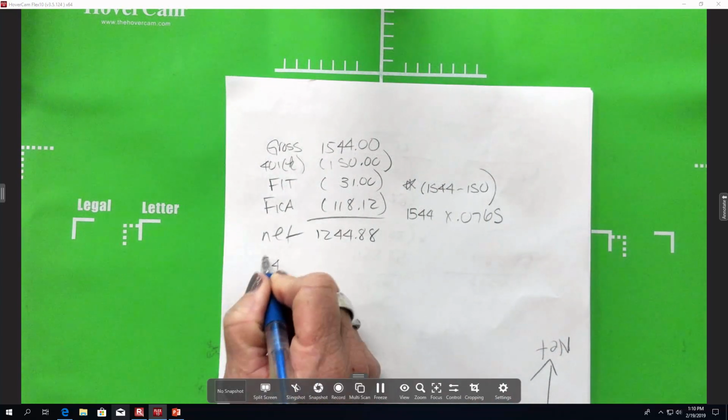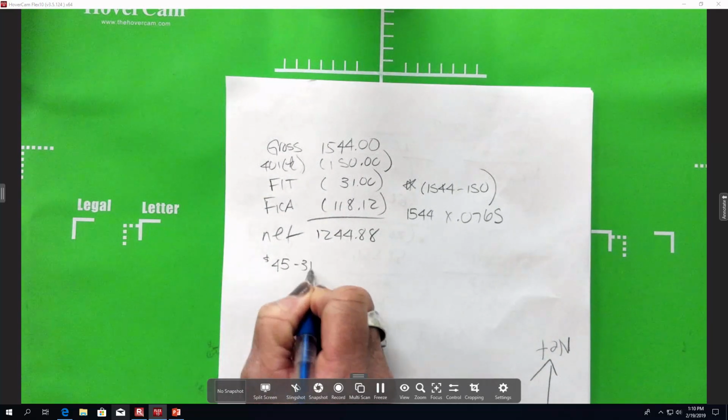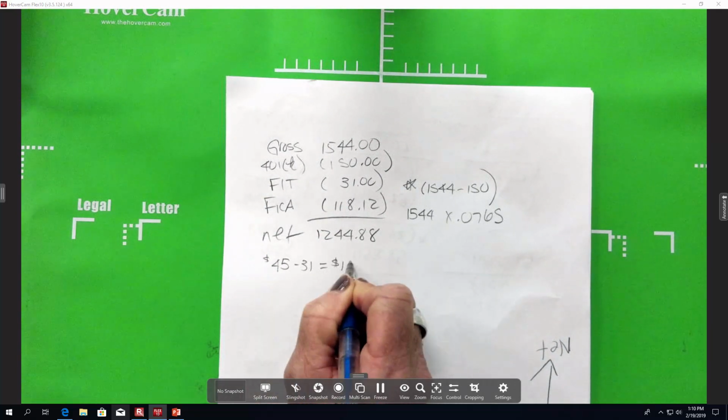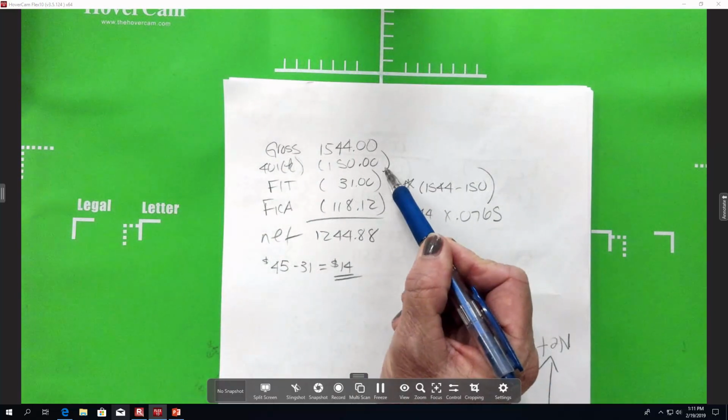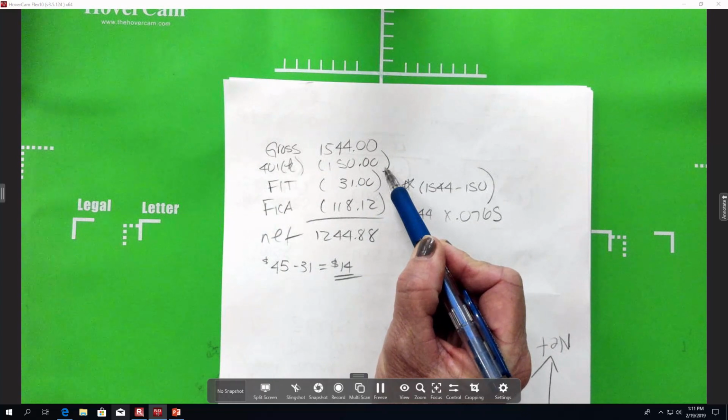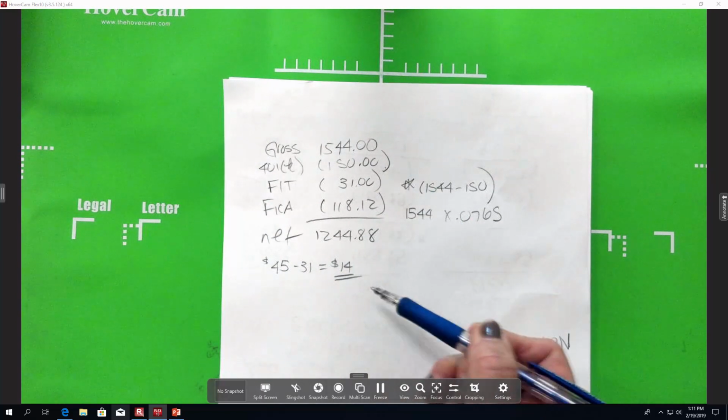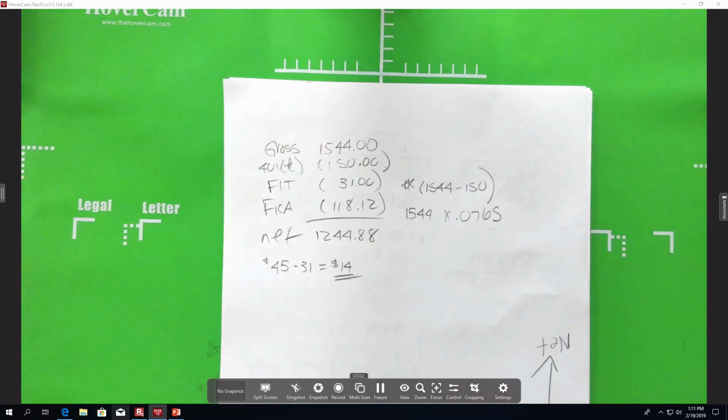She saved 45 minus 31. She saved $14, right, in income taxes by making her 401k contribution. So instead of being out of pocket $150, she's out of pocket $136 because she just saved 14 in tax. That's how the government subsidizes our saving for retirement.